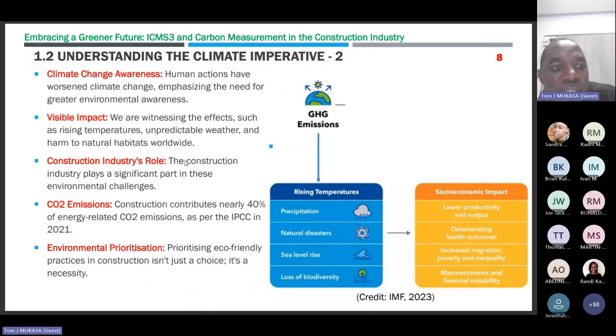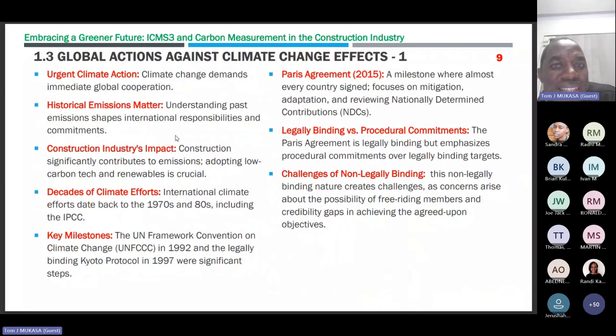And these are some of the effects of the global warming that we are faced with, from greenhouse gas emissions: the precipitation, the natural disasters, the rising sea levels, and the loss of biodiversity. Okay?